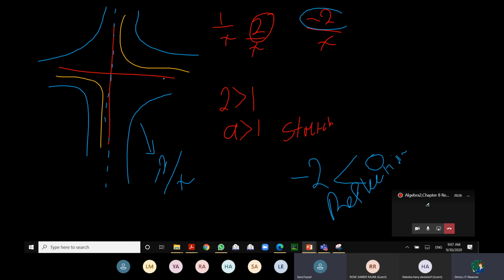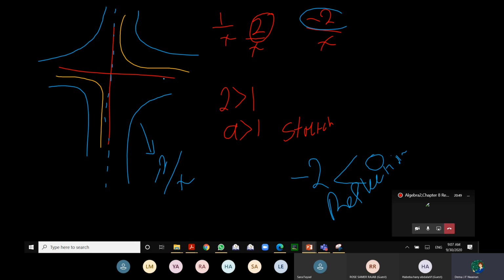Okay. Now, I have my parent function is 1 over x. And I know how can I graph it? By plotting numbers, then know what are the x and y points or the xy coordinates, then put it on the xy axis. After that, I find the yellow graph.